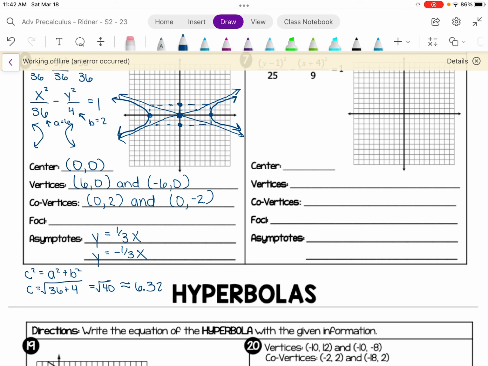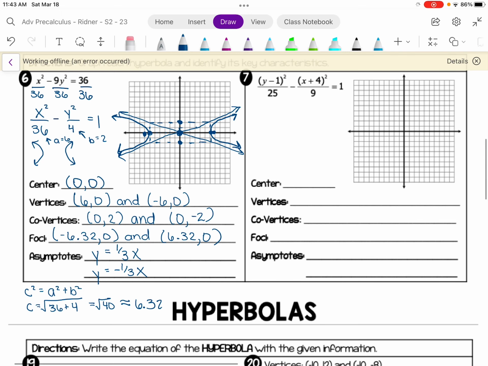So what that means is that I would go 6.32 both ways from my center. And then list those points. When my center is at 0, 0, that makes it really easy. It's just negative 6.32, 0, and 6.32, 0.